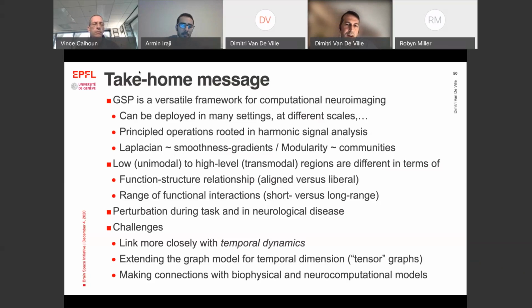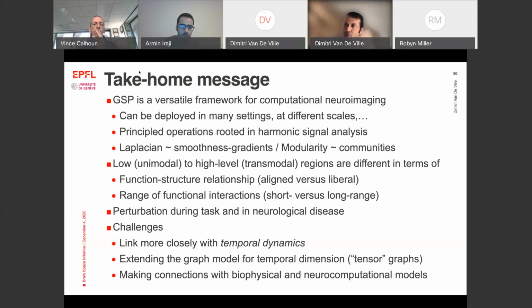So there is, for sure, linking GSP more closely with temporal dynamics as a general theme, because we basically just computed energies over time after doing GSP filtering. You can do, of course, much more interesting stuff. There have been graph models in the GSP field that could be very interesting to incorporate within a spatial graph, as I've shown you, by a tensor product with a temporal graph.